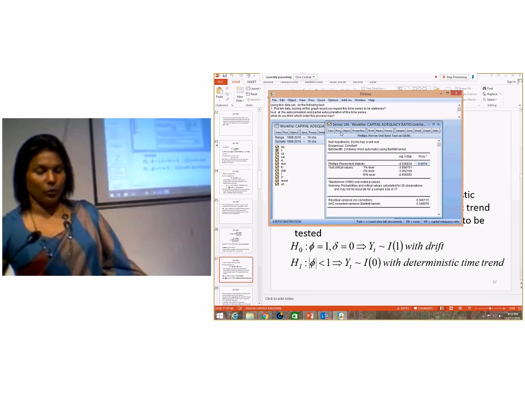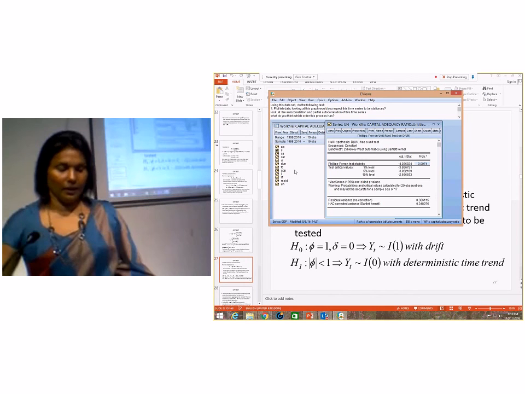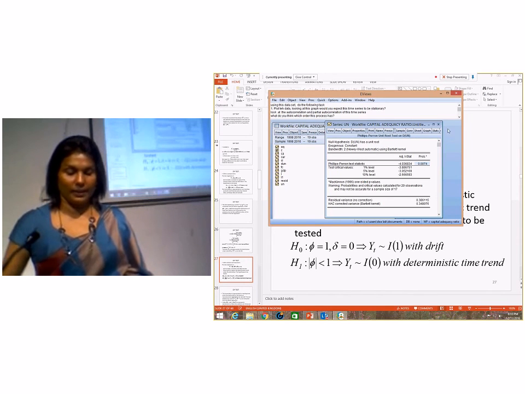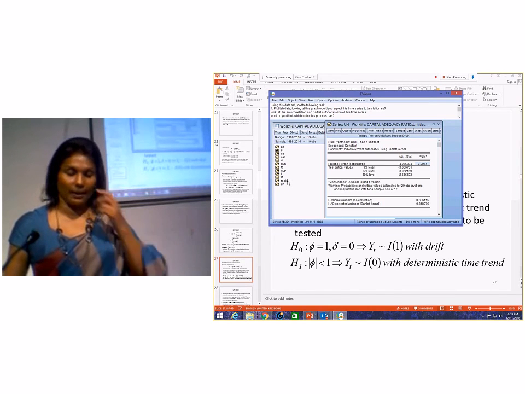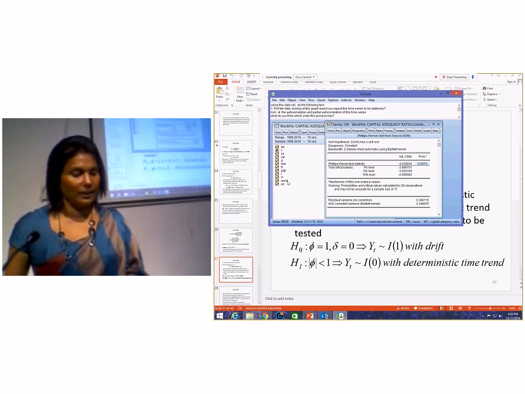So do this activity. Test the augmented Dickey-Fuller on all your data series. Plot the data first, then check whether the data suffer from autocorrelation or partial autocorrelation.